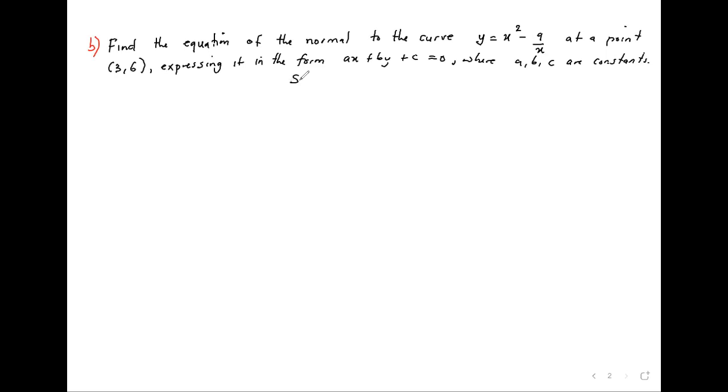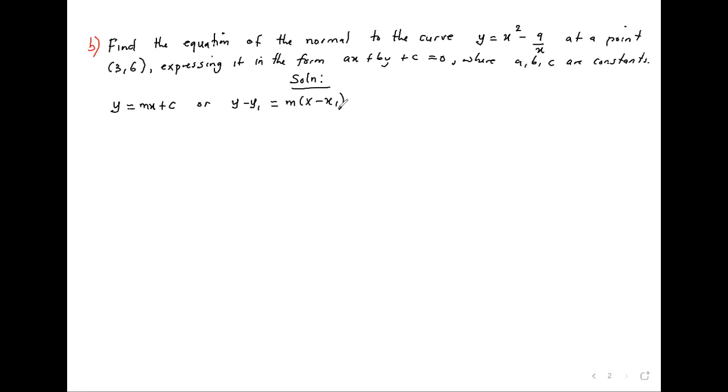Solution. The line has an equation y is equal to mx plus c, or y minus y1 is equal to m(x minus x1). Any equation you use between these two, you get the equation of a line.